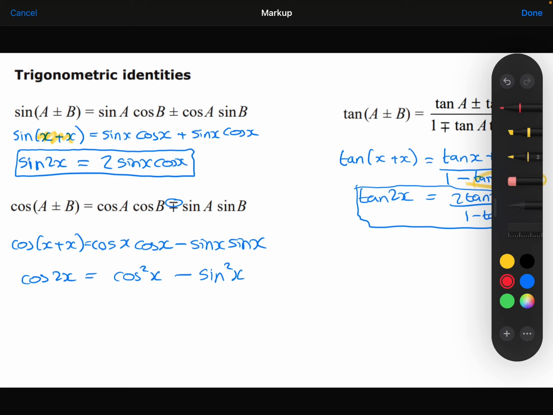But do remember that we also know that sine squared x is the same thing as 1 minus cos squared x. So I could, if I wanted to, swap this for this. So I'd get cos squared x minus the 1 minus cos squared x.